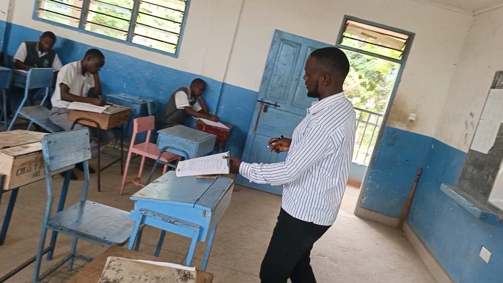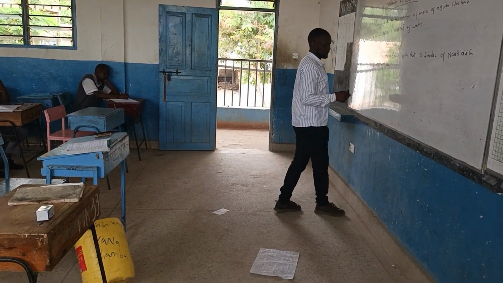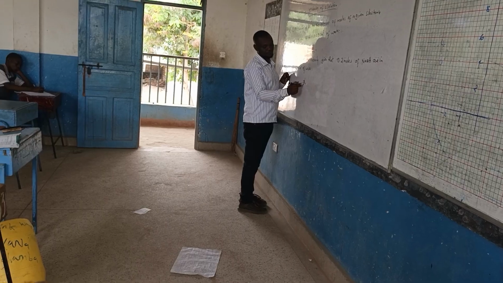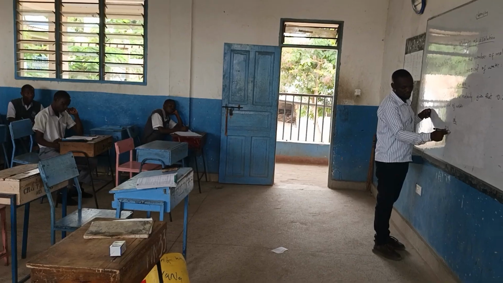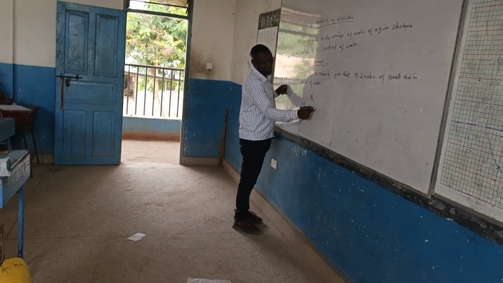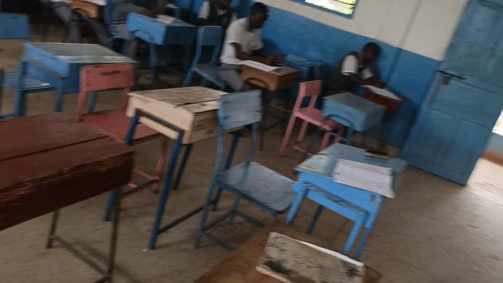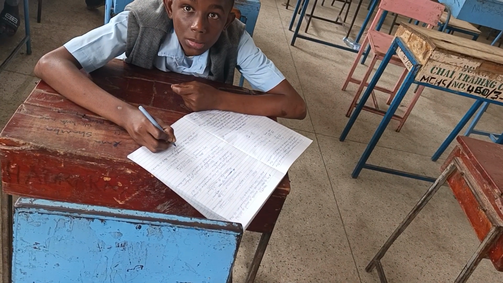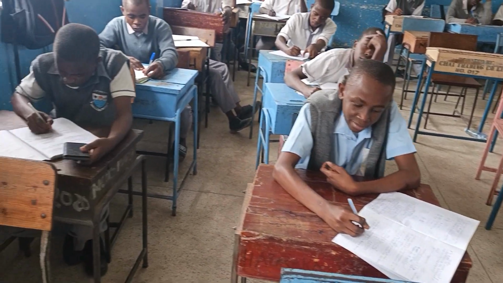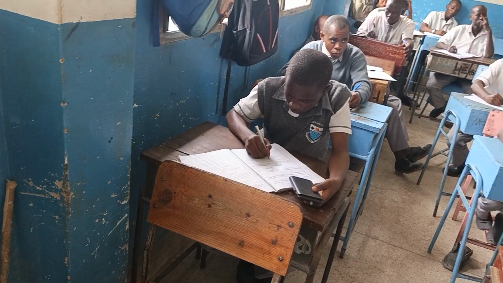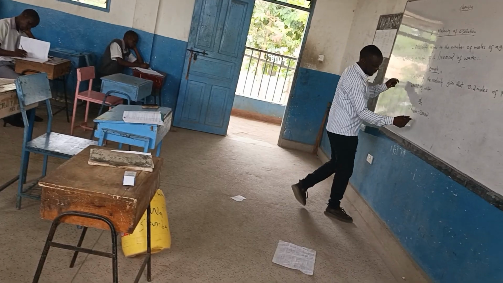Try to do that. Let's solve this. Very simple. You are given 0.2 moles in 200. What about 1,000? Molarity is the number of moles in 1,000 cubic centimeters of water, or the number of moles in 1 liter of water.